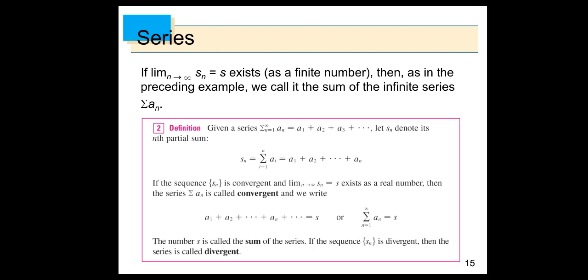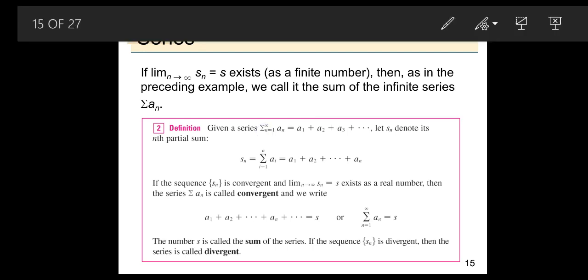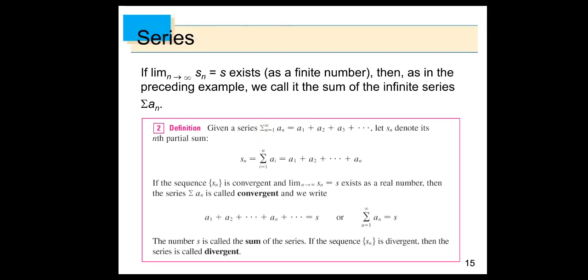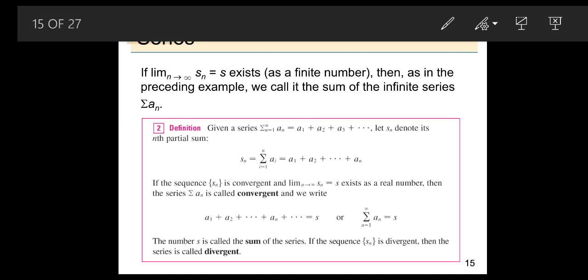Now we are moving to the limit part of this series. If the limit of s sub n, where n approaches infinity, exists, then as in the preceding example, we call it the sum of the infinite series. So you can see that when we have sigma a sub n, where n is equal to 1 and goes to infinity, let s sub n denote its nth partial sum.